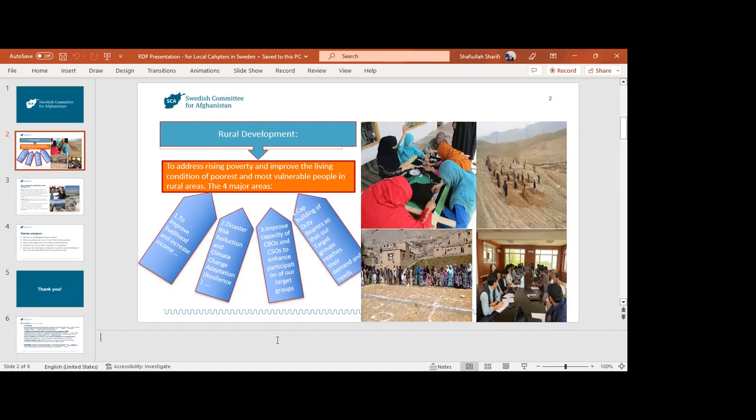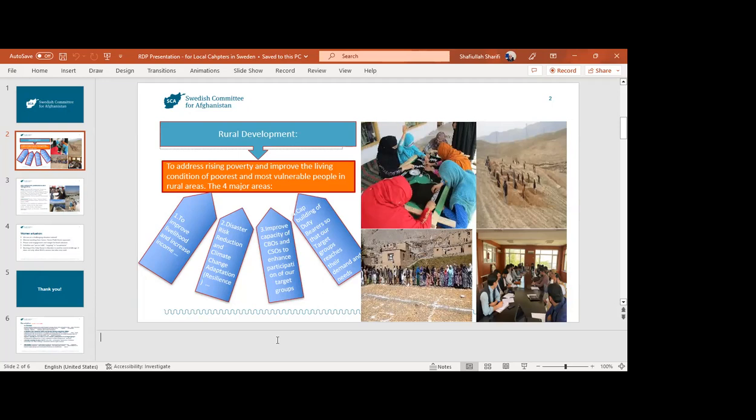So CDCs are the main community-based organizations that we are working with. Of course, working with CDCs in this current situation is challenging because there are some confusions with the de facto authorities about CDCs. Although they have recognized and are accepting that CDCs as an important setting in the rural area are needed, they have some comments.